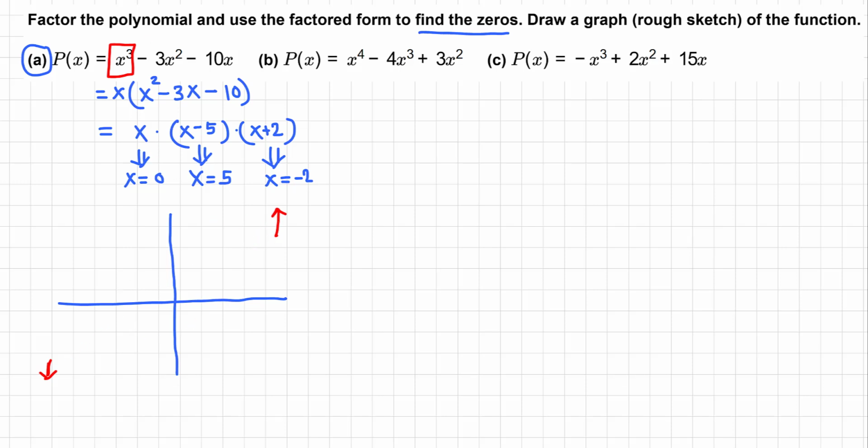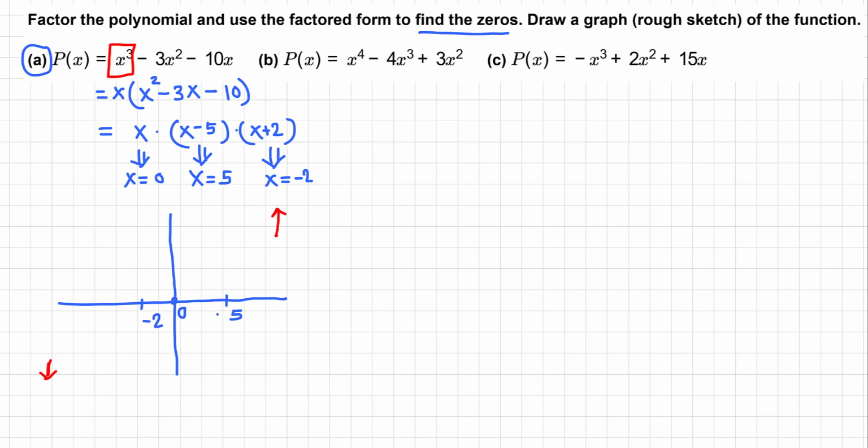And then we know that the graph passes through these 3 x values. So 0 is here, 5 somewhere, let's say 5 here, and negative 2 on the left side here. Let's connect that, and then it will go up and down and eventually increases.